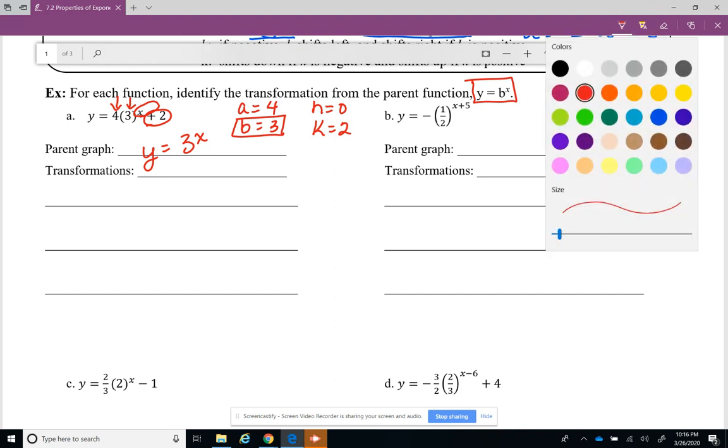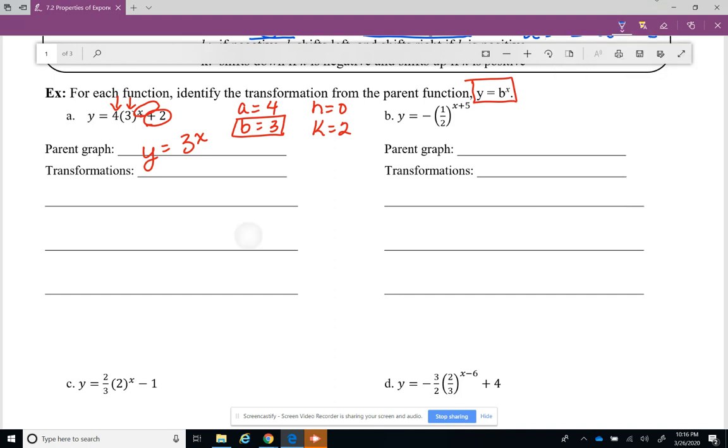Now we're going to describe our transformation. y equals 4 times 3 to the x plus 2, compared to the parent graph y equals 3 to the x. Let's start with the 4. That is going to be either a compression or a stretch. Since a is greater than 1, it's a stretch.